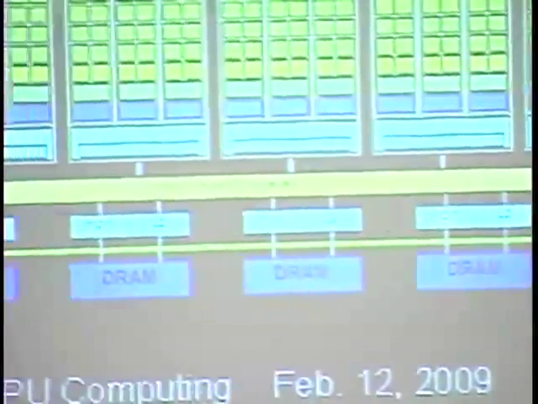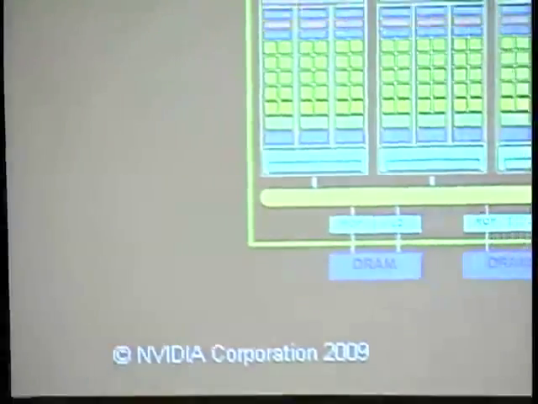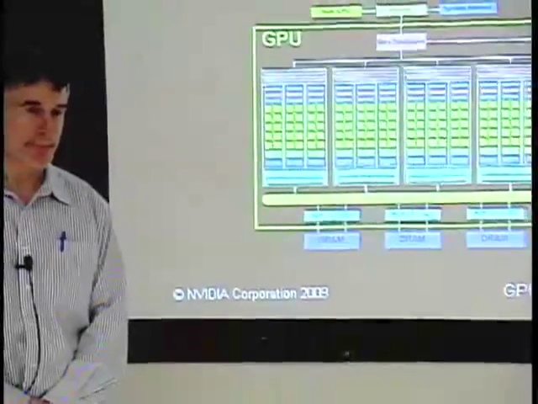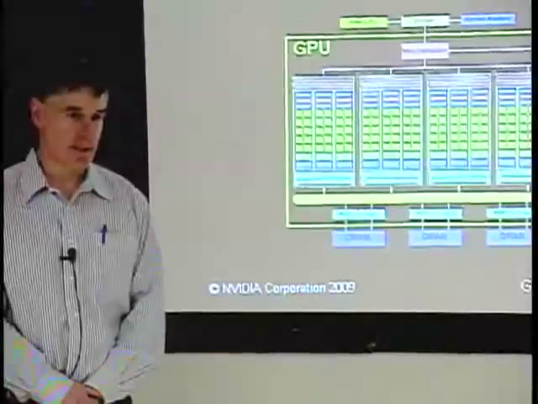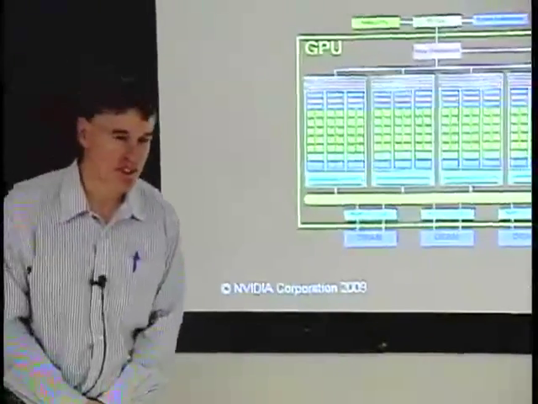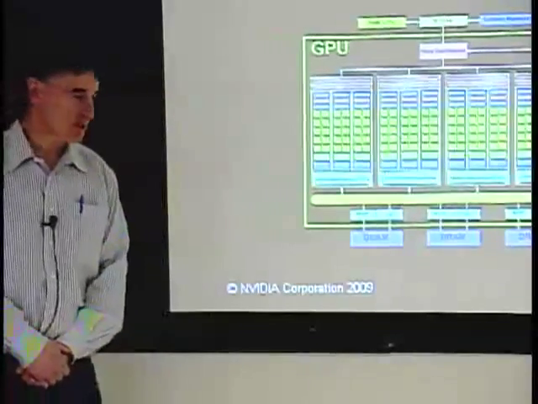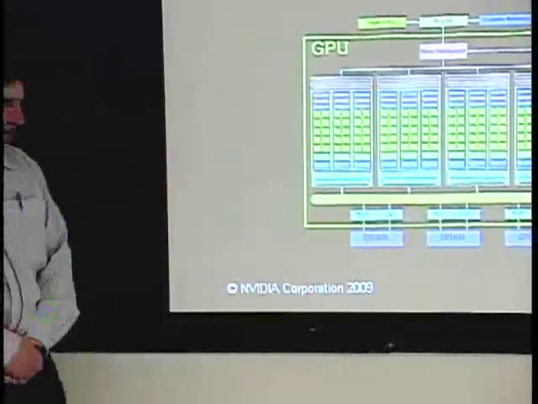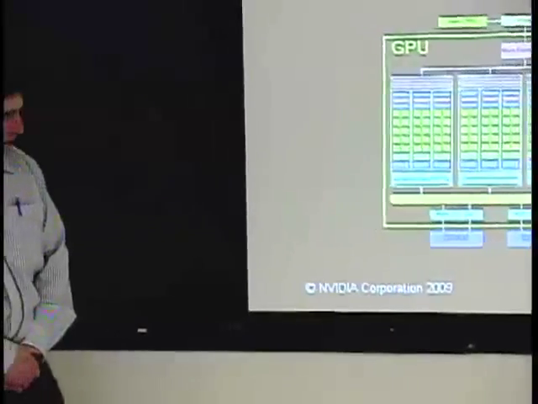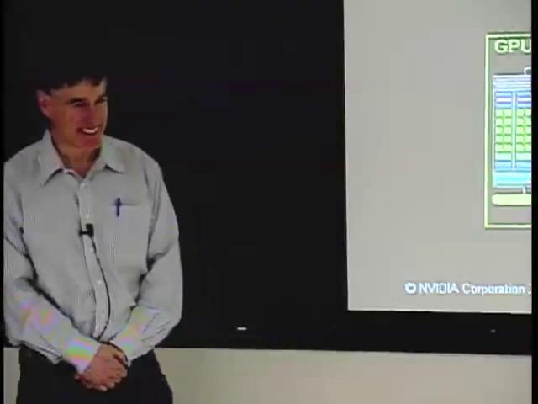The problem with a crossbar is that if you add more and more multiprocessors, it's not scalable. So the question is about the scalability of crossbars. Crossbars can scale. It's just a question of how much area you are willing to spend, and what performance you want out of it, right?